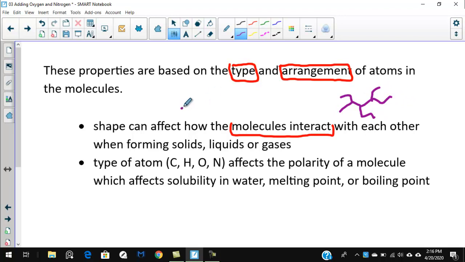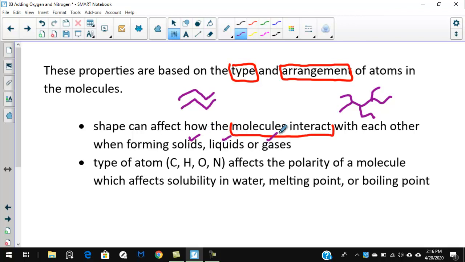Or if you have a more straightforward shape, that molecule can interact with another molecule. So let's put another one here. And they can interact with each other very well. And that's important if we're going to make compounds, because how well the two molecules interact with each other determines whether it's a solid, a liquid, or a gas at room temperature.